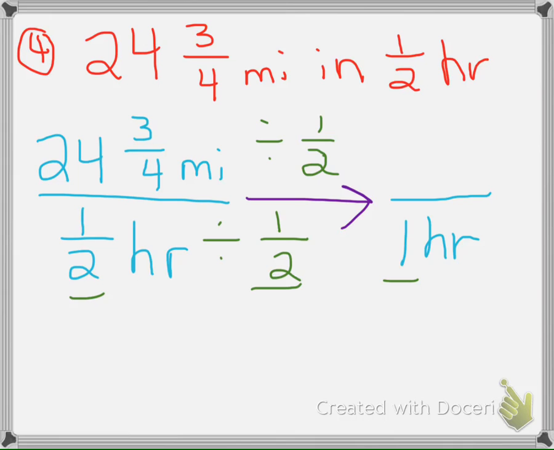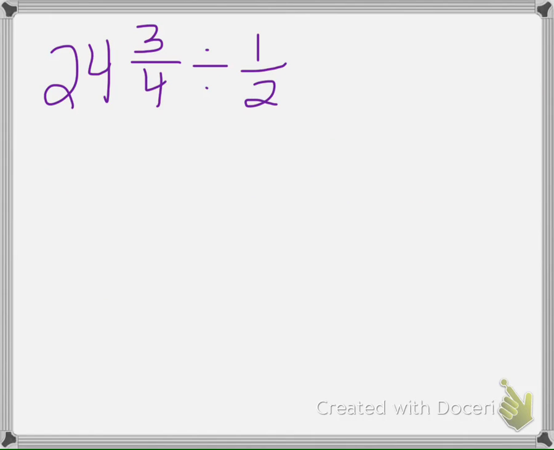In order to do that, we're going to write it out differently so we can see it better. We wrote it out across, so we have 24 3/4 divided by 1/2. Before you do anything, you have to change this mixed number into an improper fraction.